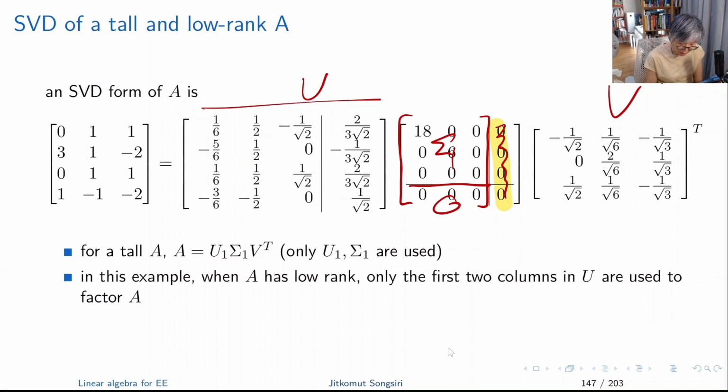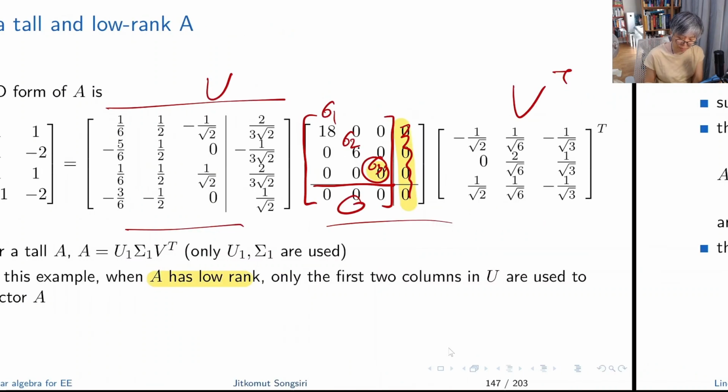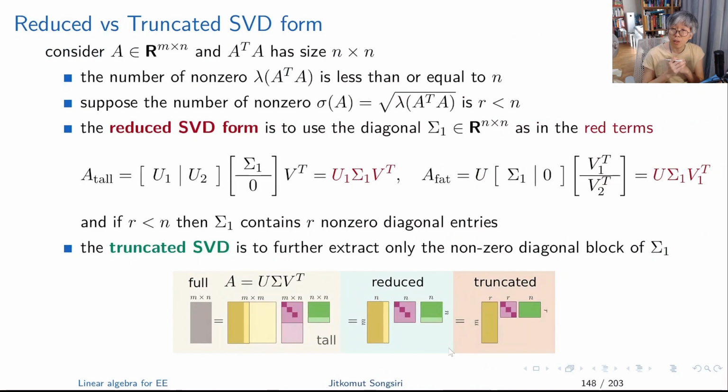You can see that in this particular example, A has low rank. That's why among sigma 1, sigma 2, and sigma 3, you find one singular value that is 0. So this form can be further reduced. In the calculation of SVD, when A is m by n, A transpose A has size n by n.